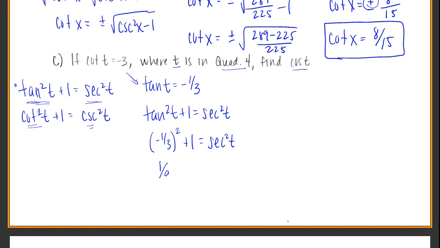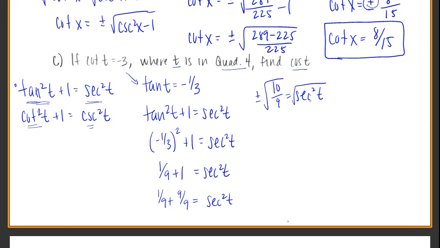So 1/9 plus 1 is secant squared t. 1/9 plus 9/9 gives us 10/9 is secant squared t. Okay, well we want to get just secant by itself, so take a square root and do plus or minus. So plus or minus the square root of 10 over 3, since the square root of 9 is 3, is going to be secant t.